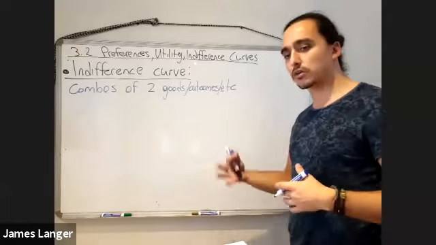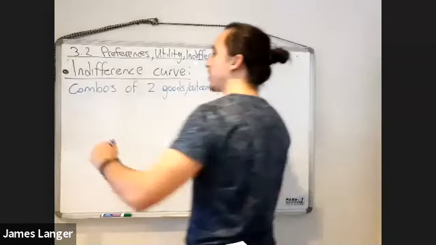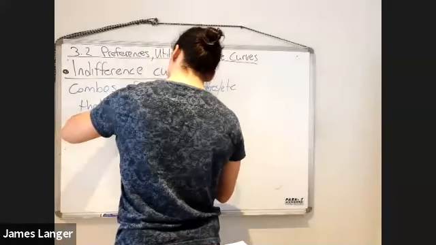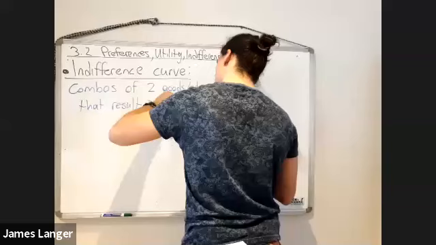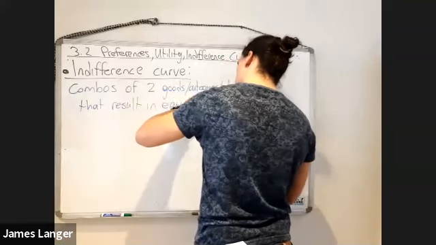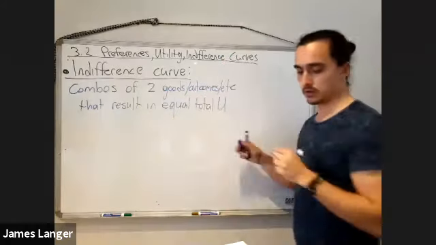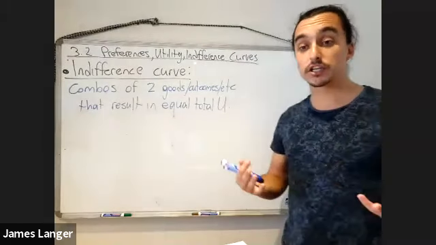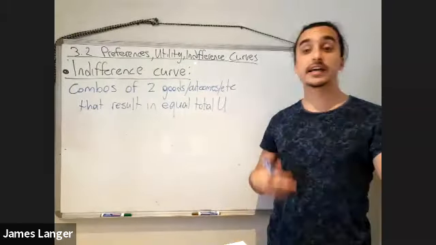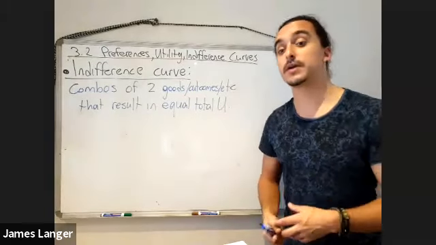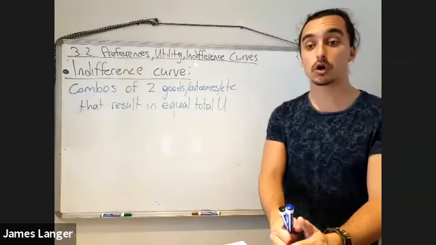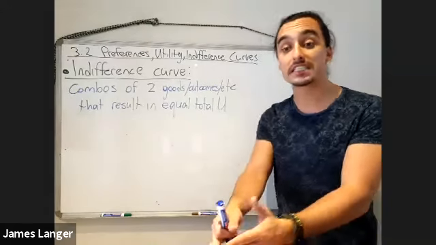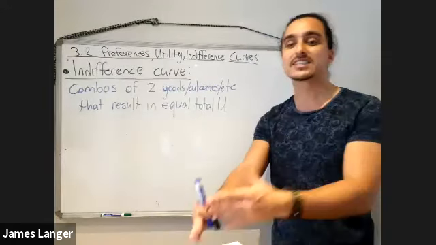Combinations of two goods or outcomes that result in equal total utility. Essentially, I'm just looking at what combinations of pizza and Coca-Cola are going to give me the same utility. Maybe it's half a pizza and 2 Coca-Colas, or 1 Coca-Cola and 3/4 of a pizza, or 0 Coca-Colas and a whole pizza, etc.